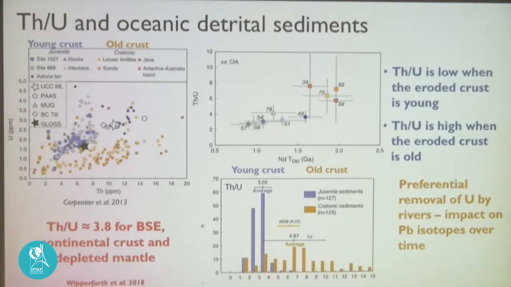I think the explanation most probably comes from the fact that the old crust has been exposed at the surface for a much longer time than the young crust, and therefore the uranium has been removed over a long period of time by water.